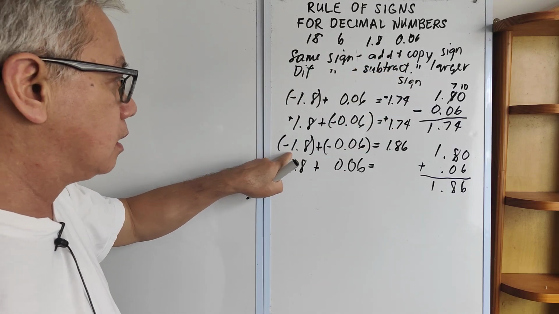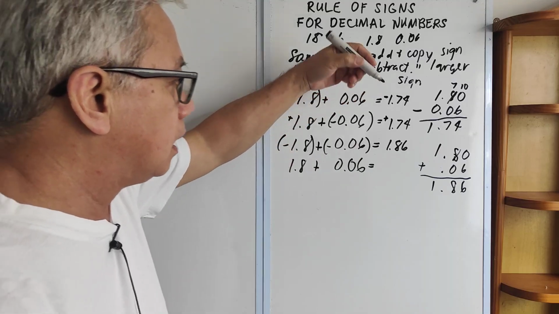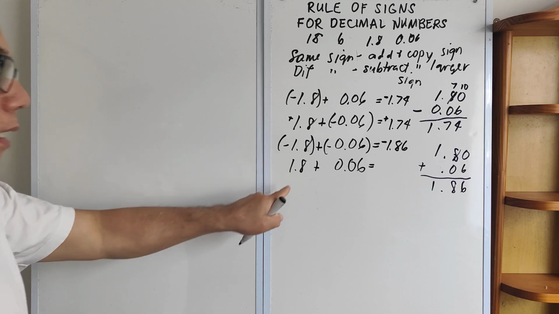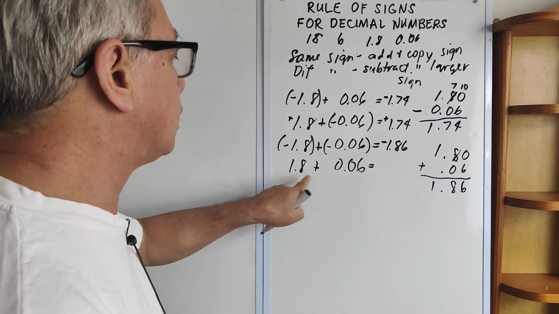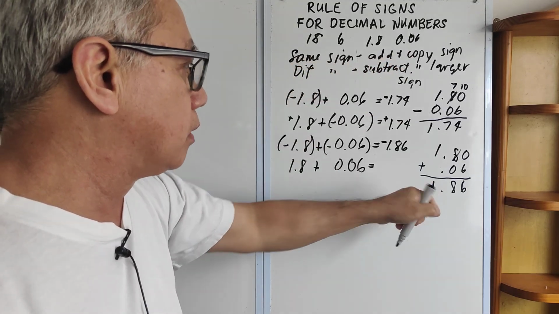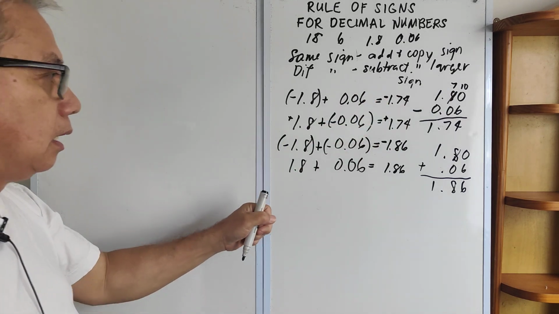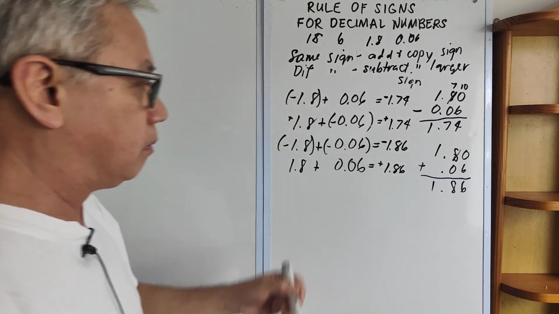So we added this one, negative and negative. So we added and we copied the sign. This is negative 1.86. In here, it is 1.8 plus 0.06. They are both positive, so they have the same sign, so we also add. So we copy this one, 1.86, and then we copy the sign. They're both positive, so this is positive.